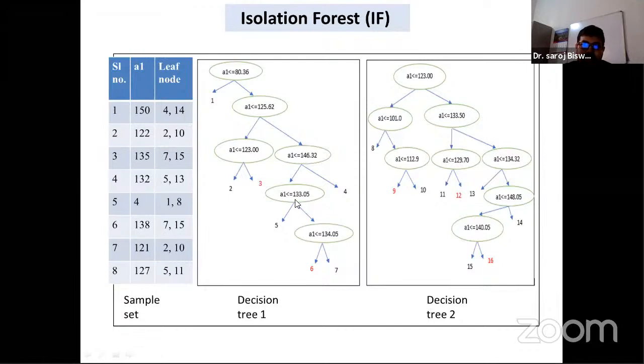Fine. So now we have 133 here. We have to create a random number between 133 and 146, because whenever a pattern comes to the left hand side, its value must be less than 146, and it is on the right hand side of this one, so it should be greater than 133. So we create a random number between 133 and 146.